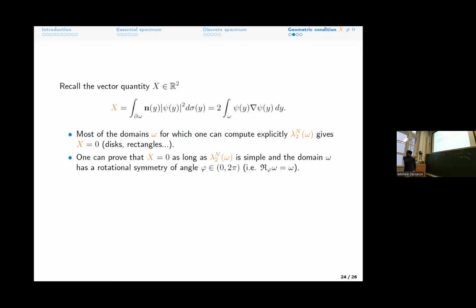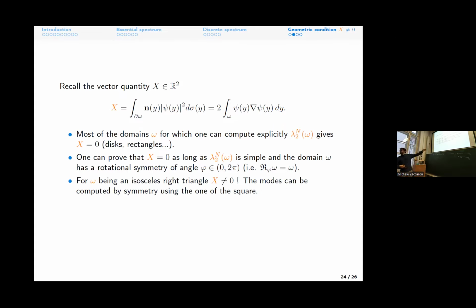And in fact, we prove a result that if the second Neumann Laplacian eigenvalue is simple, multiplicity 1, and the domain presents a rotational symmetry, which means there exists a center, you rotate by a non-trivial angle, and you have the same shape, then x is 0. And so, in fact, you can prove indirectly that these kinds of rectangles have x equal to 0 with this result.